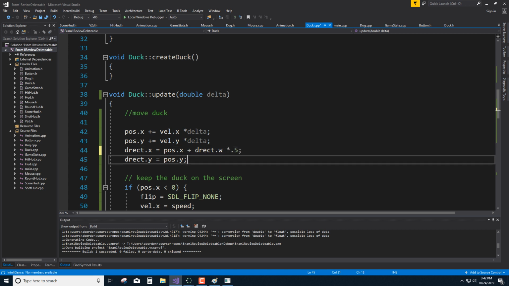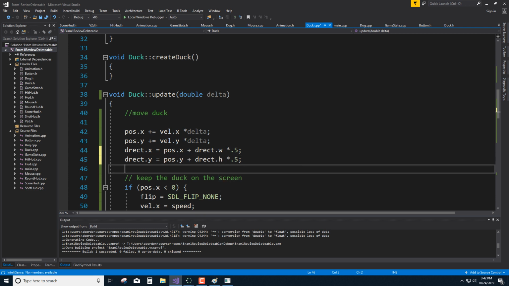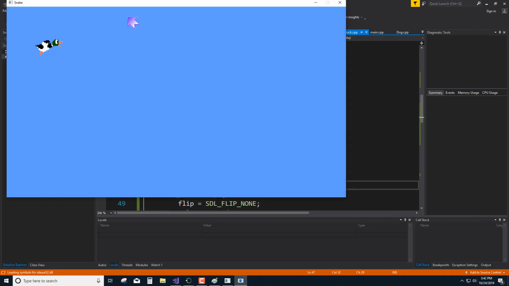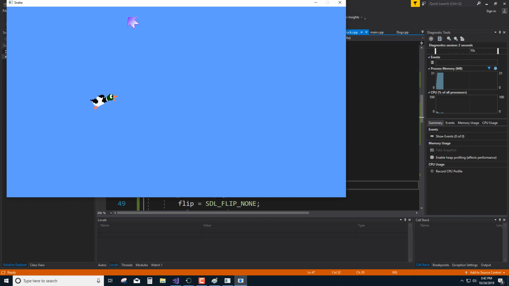So I will scoot it over halfway, and then he should be centered in all directions. He'll fly like halfway off the screen, but he'll never disappear from the screen.